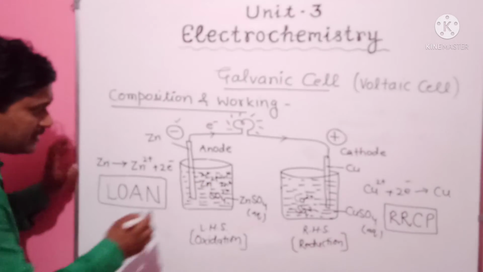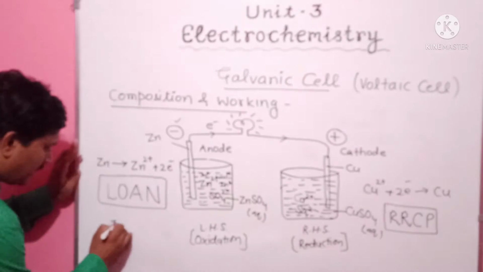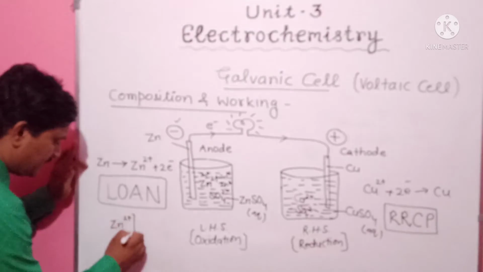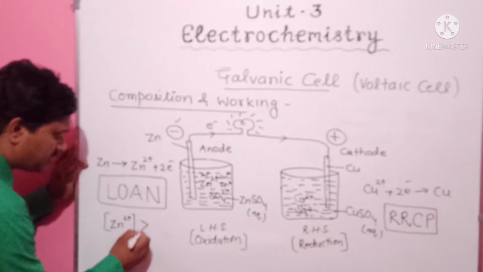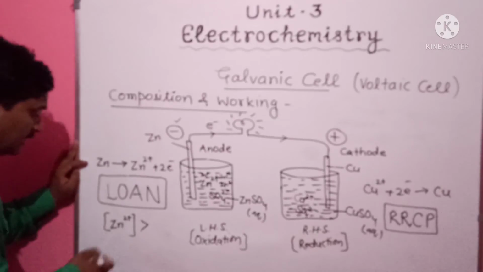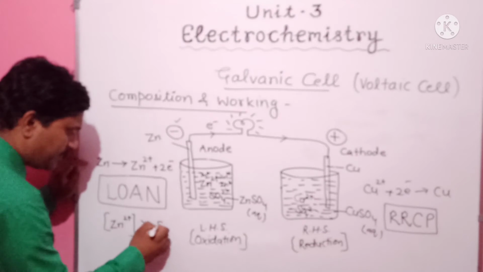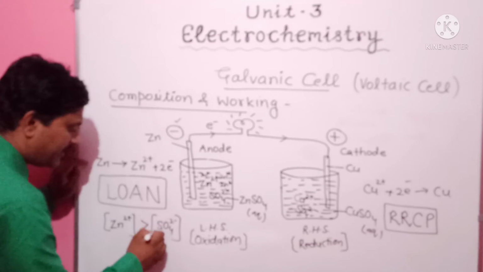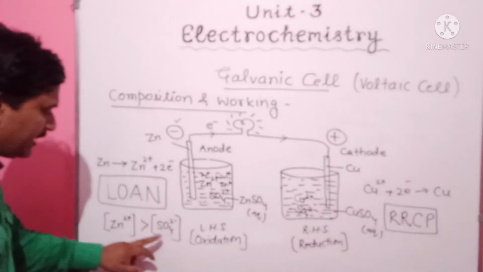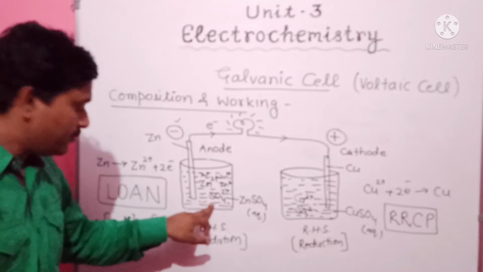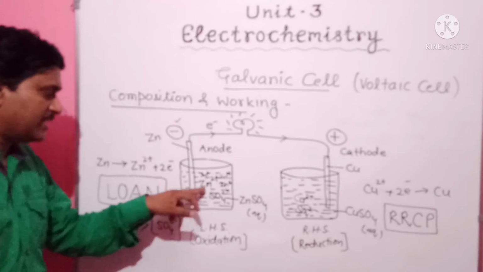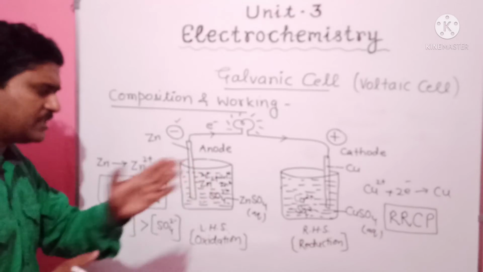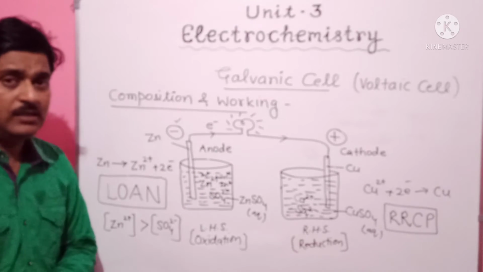So the amount of positive ions, the zinc ions, is greater here, or we can say the concentration of the zinc ions increases as compared to the sulfate negative ions. Negative ions are in lesser amount, but the positively charged zinc ions are so many. So the concentration of zinc ions here increases.